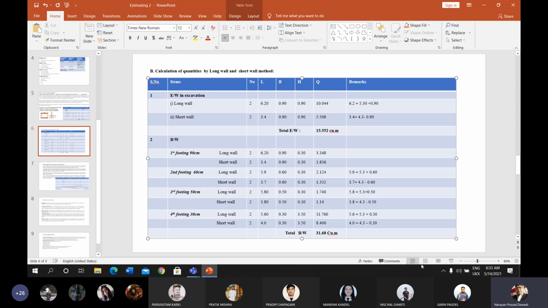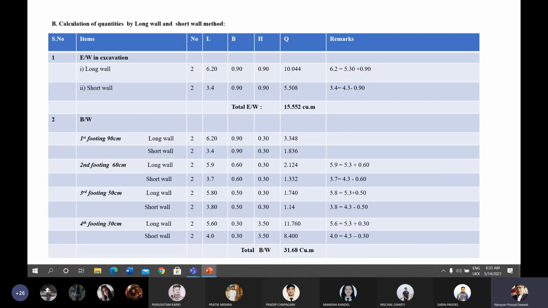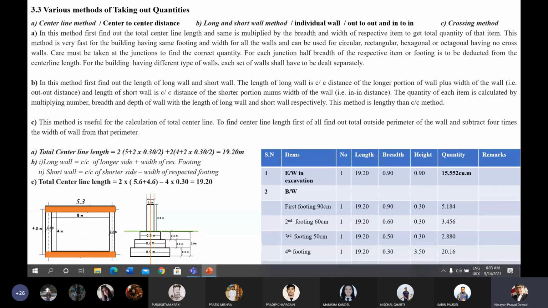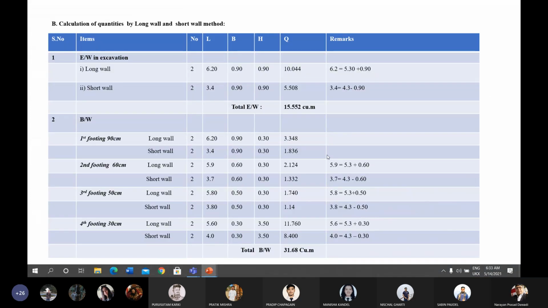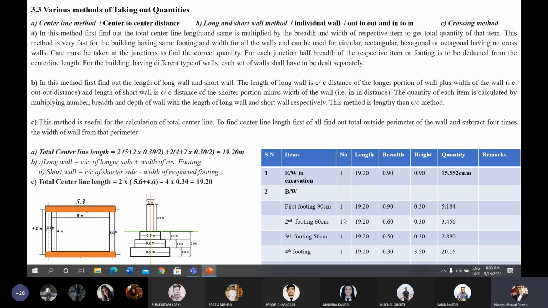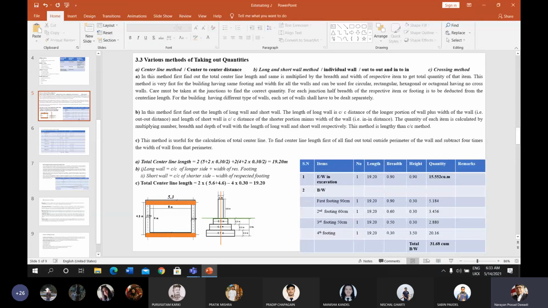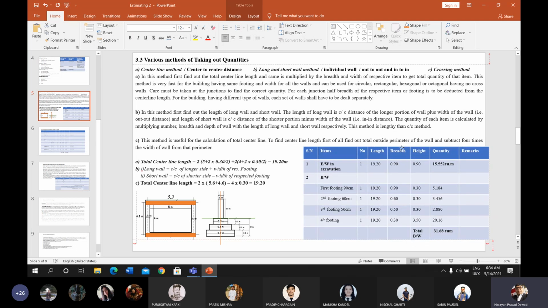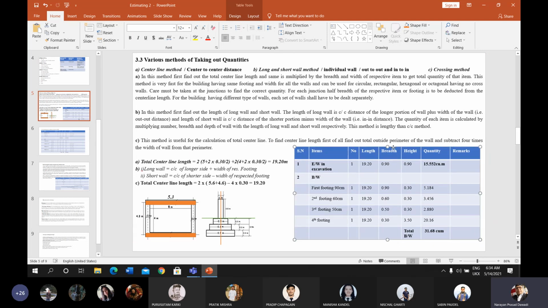That is the same as what was calculated in the previous method. 31.68, this also has the same amount of quantity for the center line length, 31.68 cubic meter.